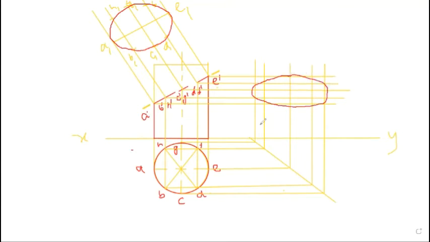Here it is not actually drawn by dimension, so the figure will be... first we draw this line, then this line.